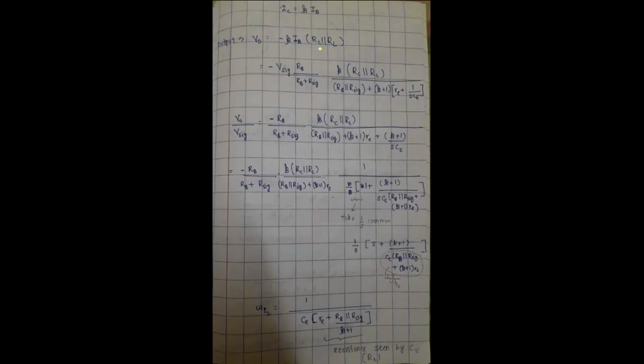The equivalent resistance between these two is RC parallel to RL, and the current flowing through them is minus GM V pi or minus beta IB. Since we are trying to solve it through IB, we are going to take IB here.